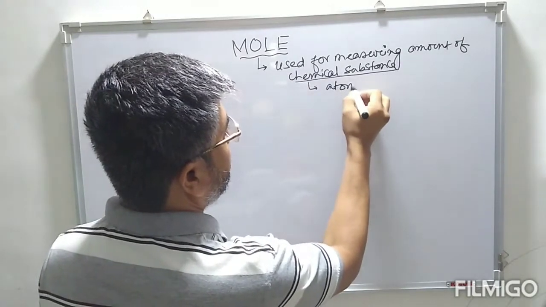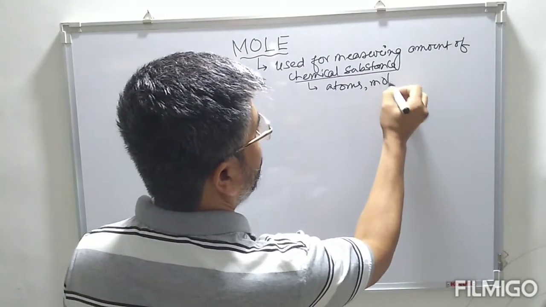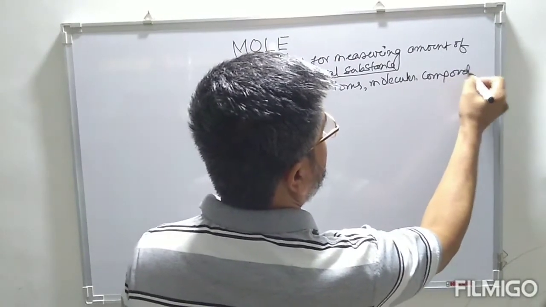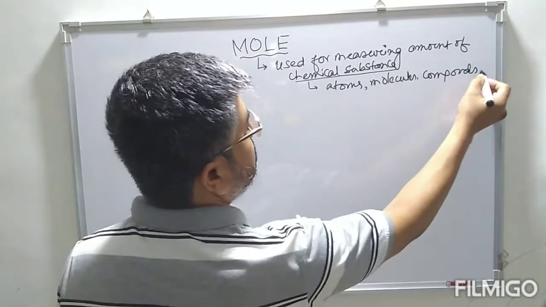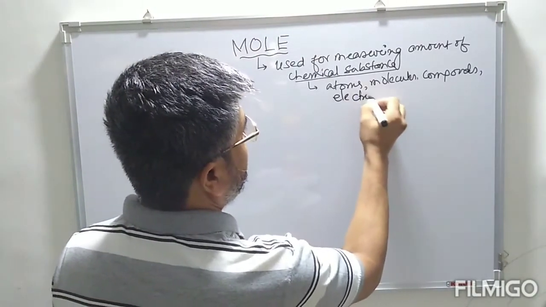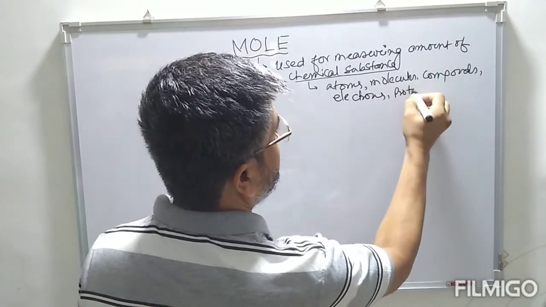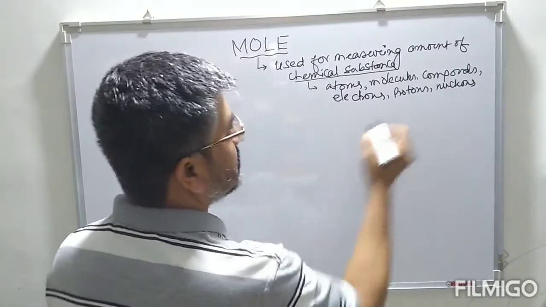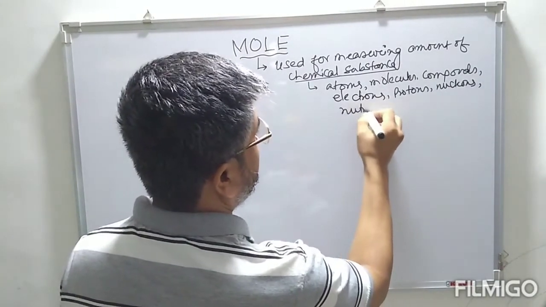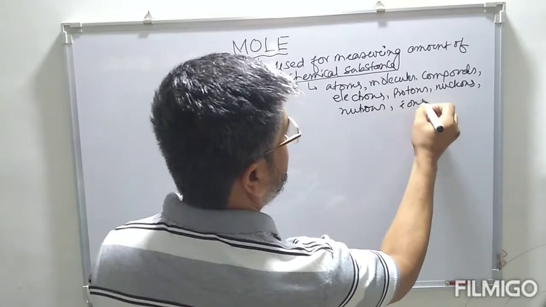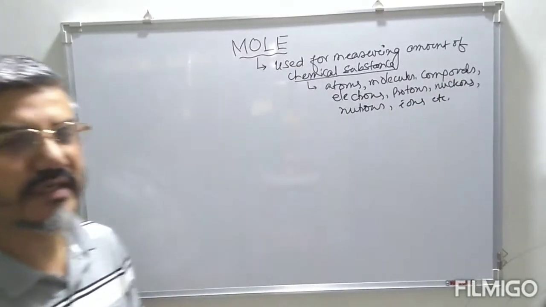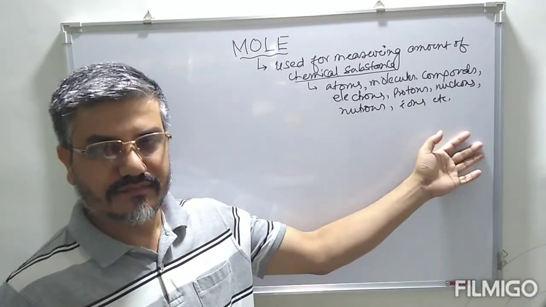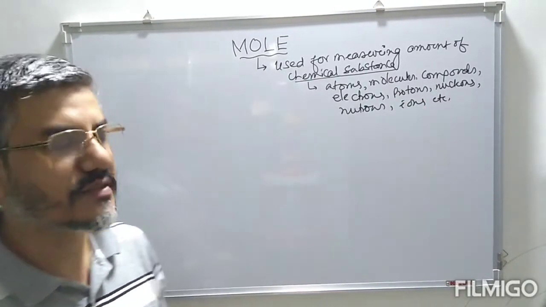are like atoms, molecules, compounds, electrons, protons, nucleons, neutrons, ions, etc. Atoms, molecules, compounds, ions, or subatomic particles.